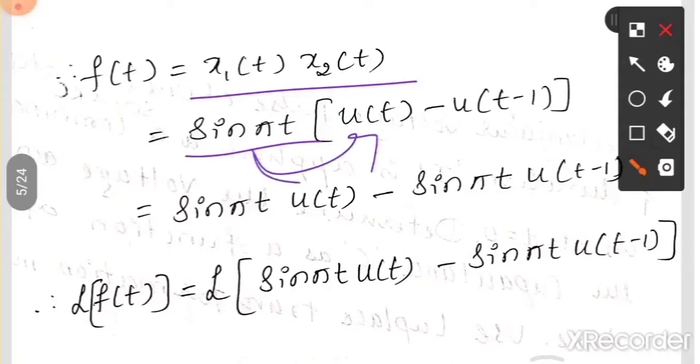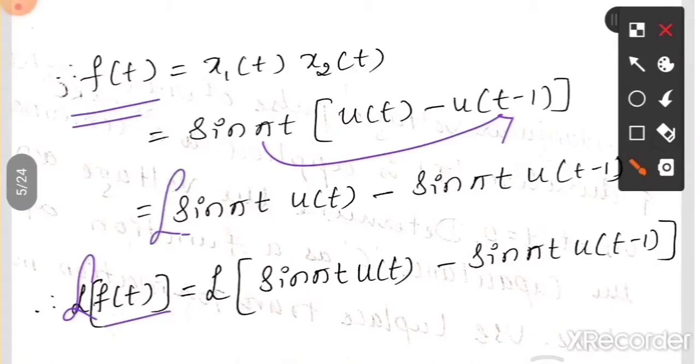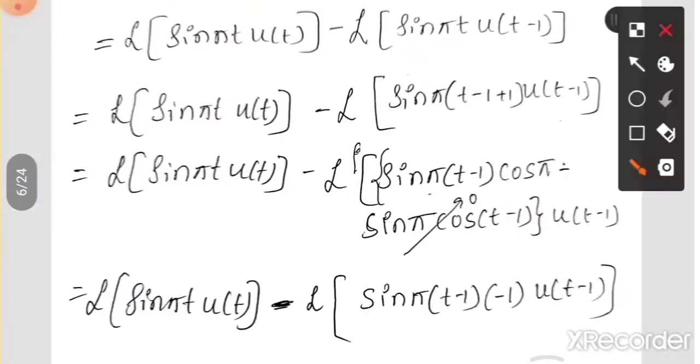So the first factor will be sine pi t into u of t, minus the second factor, sine pi t into u of t minus 1. Now we take the Laplace transformation of this f of t, which is the Laplace transformation of the first term minus the Laplace transformation of the second term. The Laplace transformation of sine pi t u of t is nothing but the Laplace transformation of sine pi t, which we know.